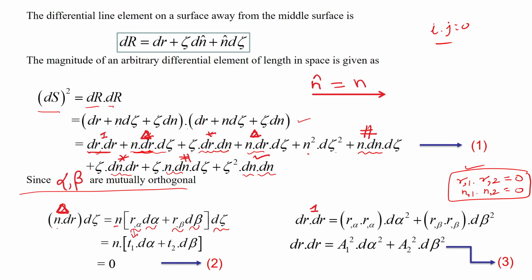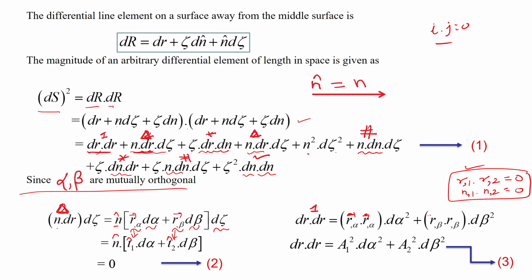r comma alpha is T1, r comma beta is T2. I would like to say here that obviously there will be n hat here and there will be t hat, because initially we are starting from there itself. Students have done it by just removing all these things, but they are the same, there is no change.